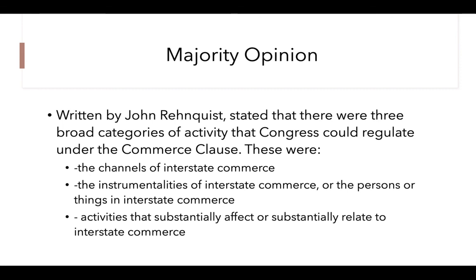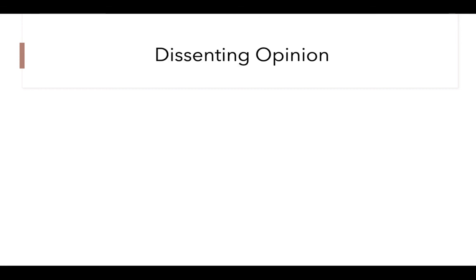So they must have some type of activity within there to link directly to the concept of interstate commerce. And the Gun Free School Zone Act does not do this. Therefore, it is unconstitutional.